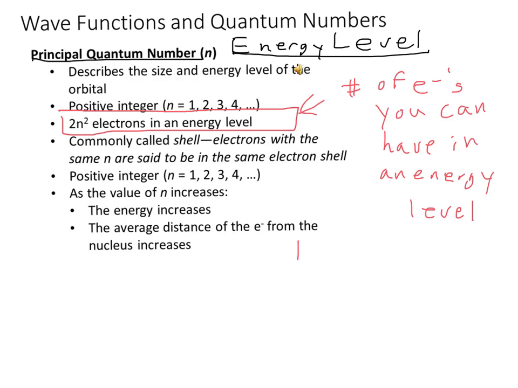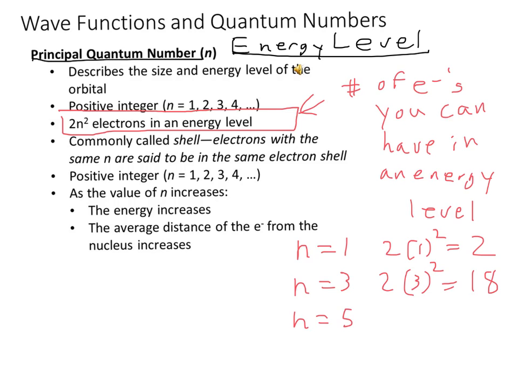So if you're in the first energy level, you can have 2 electrons. If you're in the third energy level, you can have 18 electrons. If you're in the fifth energy level, you can have 50 electrons.